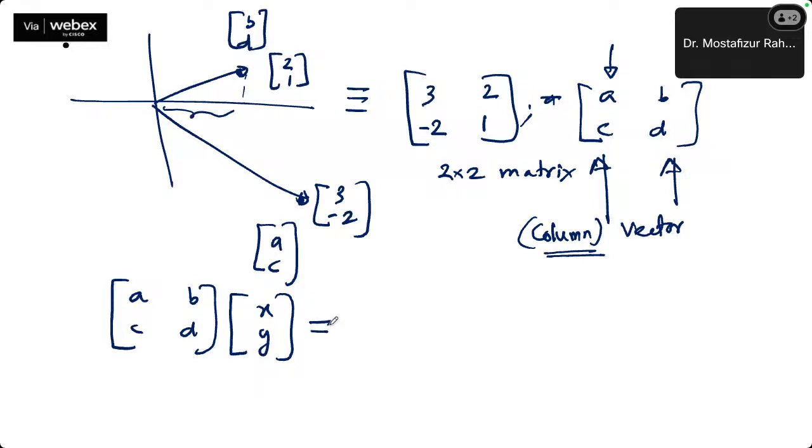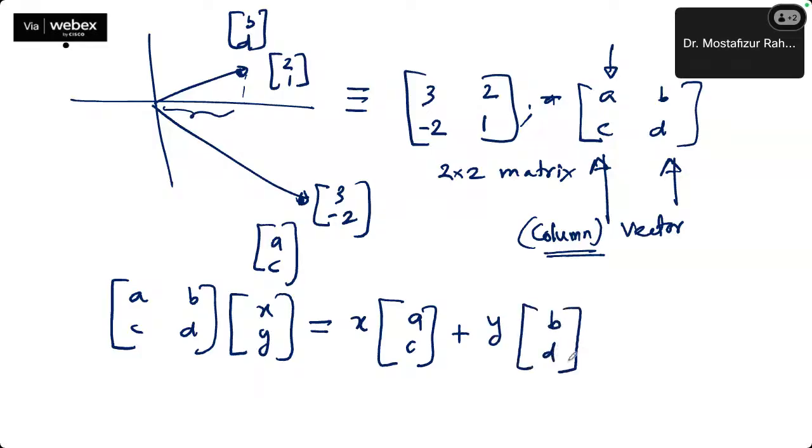So what it does is basically x times the first column vector (a, c) plus y times the second column vector (b, d), which equals the vector (ax plus by, cx plus dy).